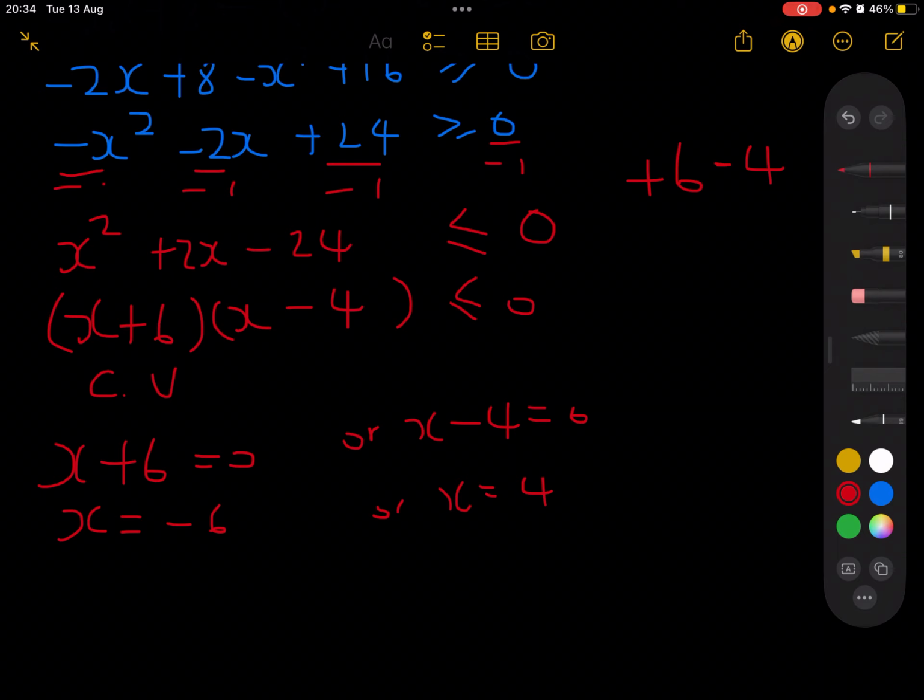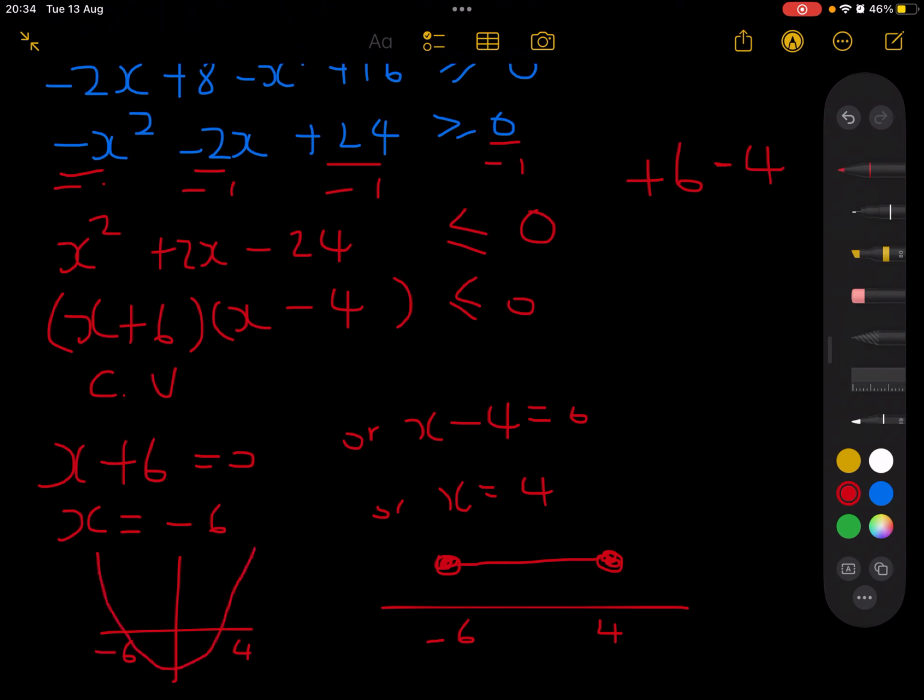We're not yet done, because we can either do the graph and put minus 6 here, positive 4 here, or we can use the number line system. And it says less than or equal to, so we draw two circles here, shade them, and we join. Or we draw and then we shade in between, because this is where we find the function less than.